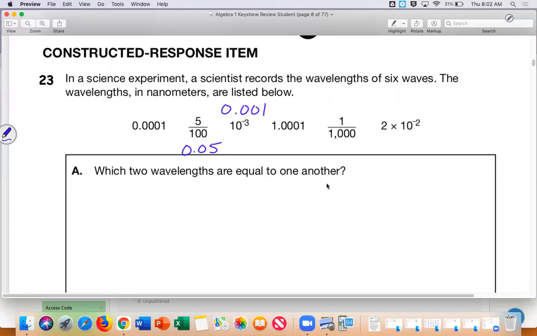This one's easy. It's already done. 1,000. And 2 times 10 to the negative second, this would be 0.02. All right, so I wrote them all. So which 2 wavelengths are equal to one another? 10 to the negative third, and 1/1000. All right. Ms. Kendra, you okay with that?